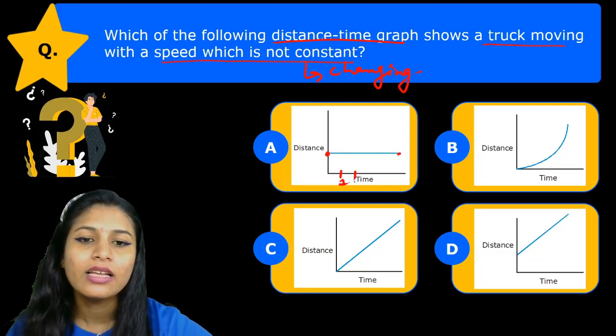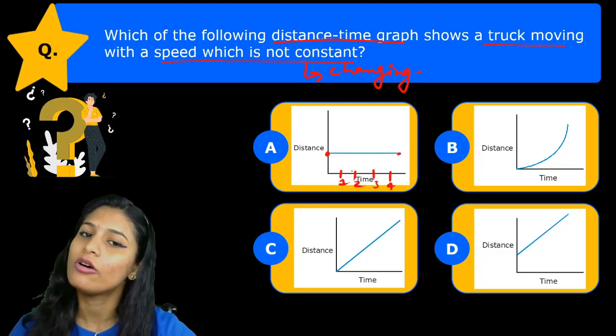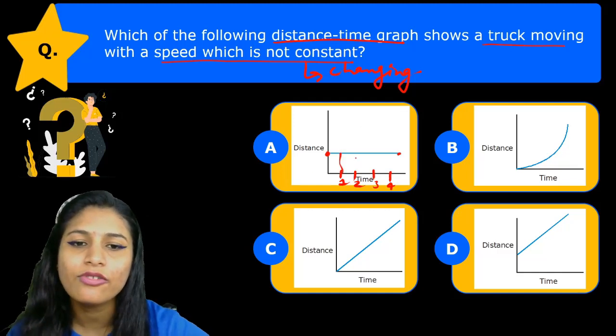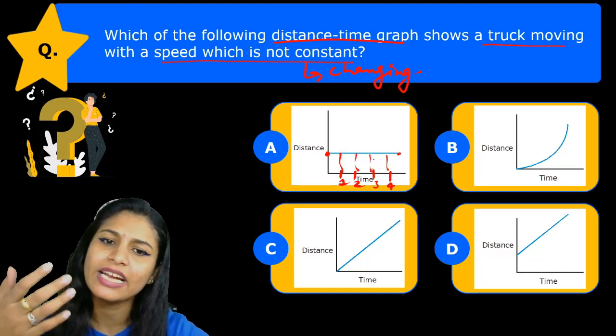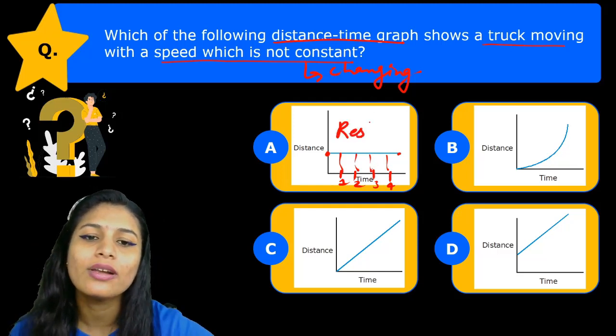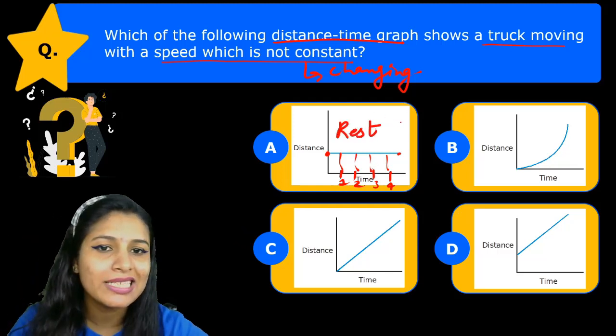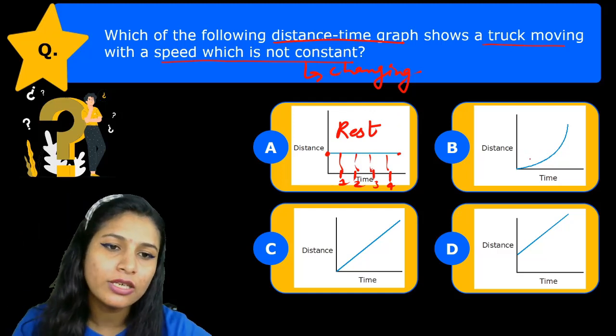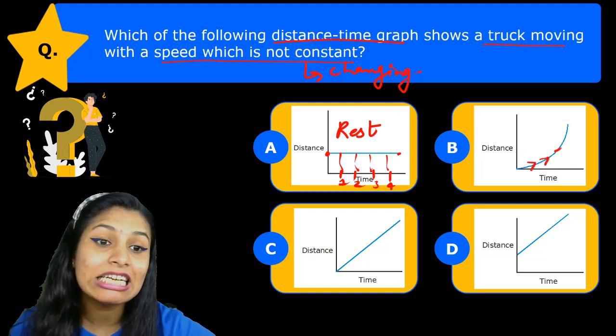In this, the time is increasing. Can you see from 1 to 2 to 3 second to 4 second, but distance is not increasing. So the body is at rest. Okay, so this is not an answer. Coming to option 2, if you can see, it is a curved line.